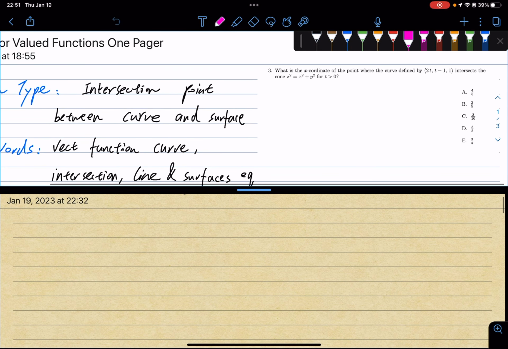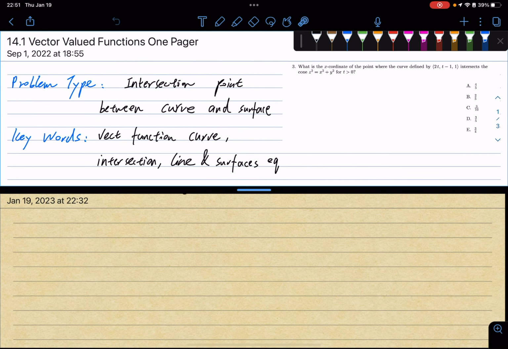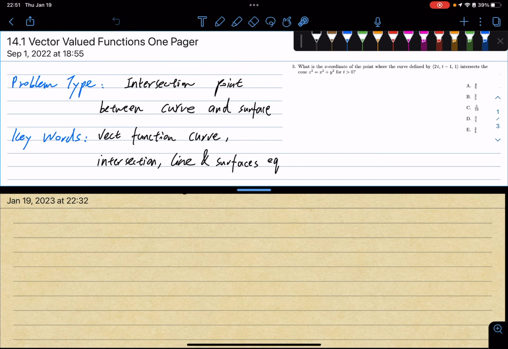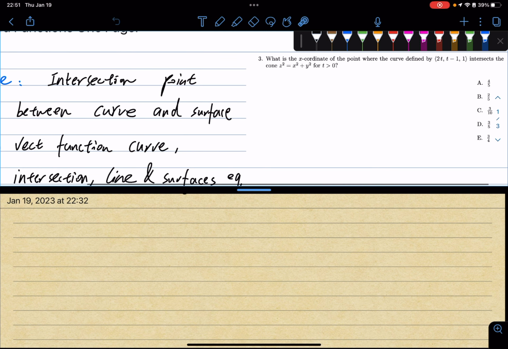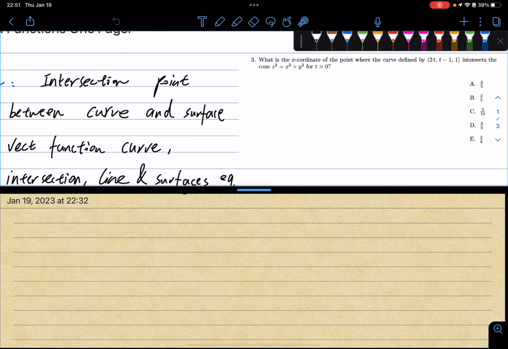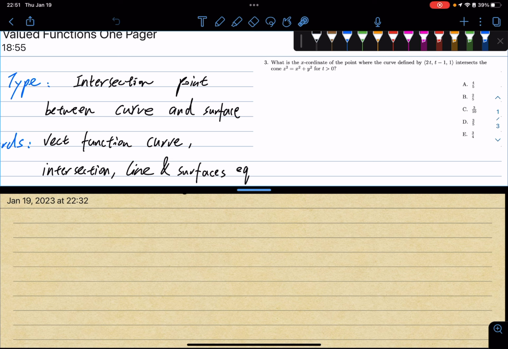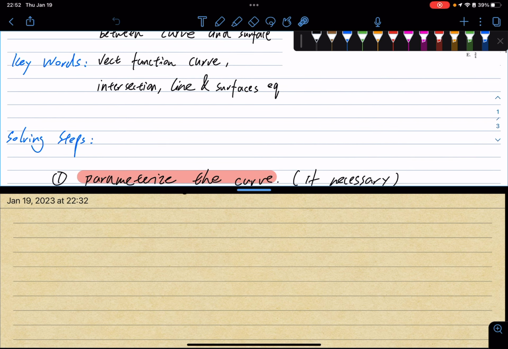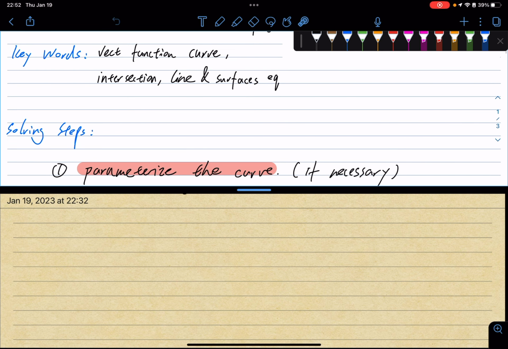As we have said here, the problem type is the intersection point between a curve and a surface, and the keywords are that we have a curve that's a vector function, and the keyword intersect, intersection, and you also have a surface equation right here. To solve this type of problem, parameterize the curve if necessary.